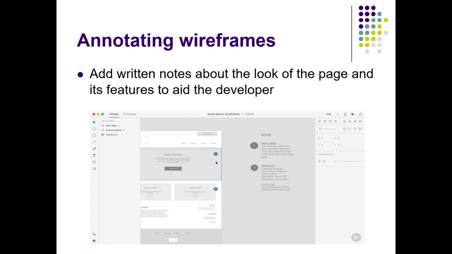Also for the assignment, and again a real-world thing to do, is to annotate your diagram, your wireframe as it's known, with some written notes on how the page should be developed into the finished product.